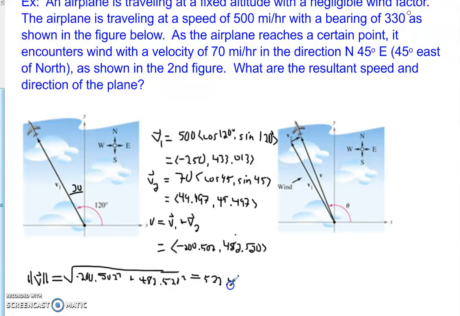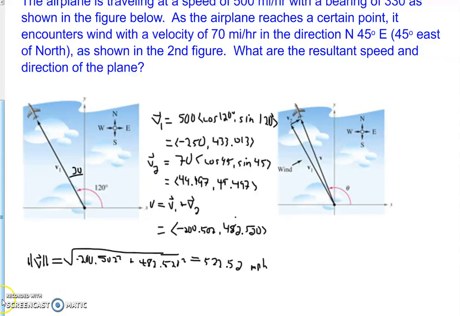So that's how fast the plane is going, 522.52 miles per hour.